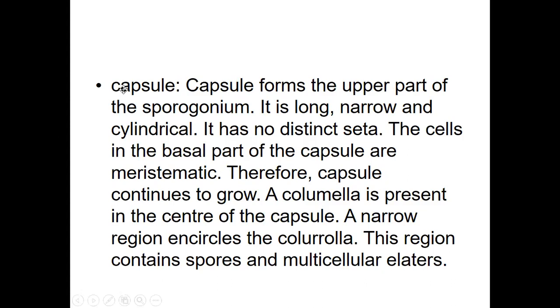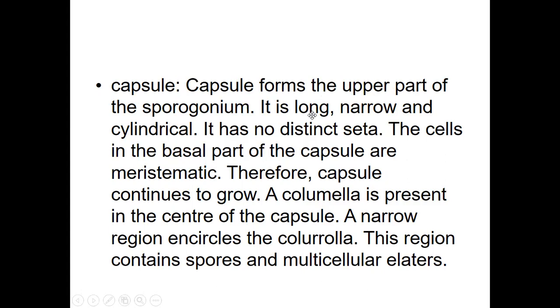Next, I'm talking about the capsule, which is the important part of the sporophyte. The capsule is the upper part of the sporophyte, which we can see projecting out of the thallus.